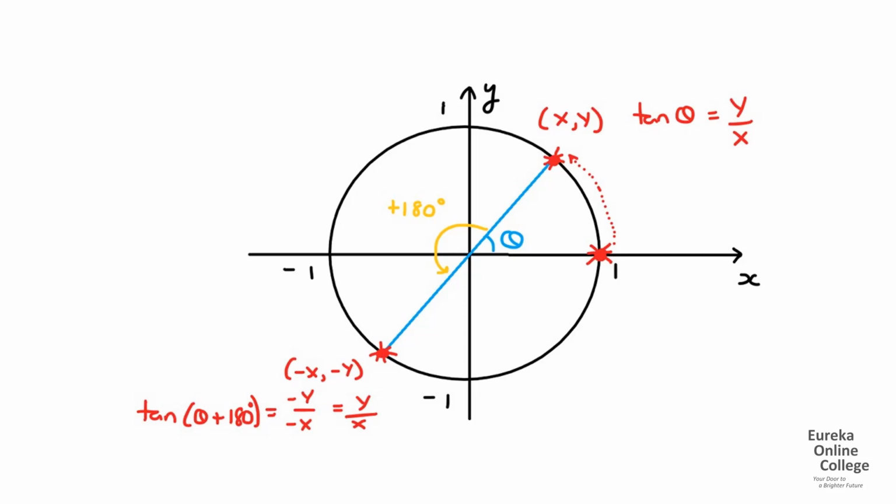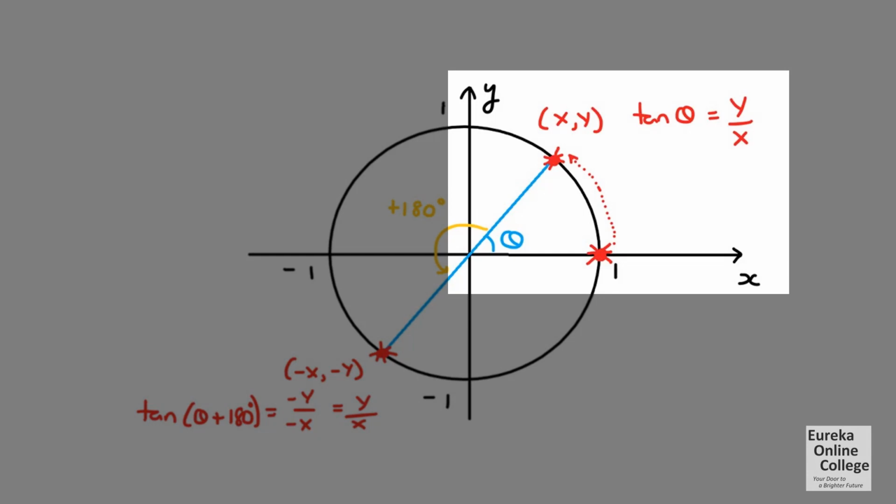We can see that the ant has moved through some angle theta, and say he gets to the point big X, big Y. Big X is obviously going to be cosine theta because it's his x-coordinate, and big Y is obviously going to be sine theta because that's his y-coordinate. Then tan theta will be big Y over big X, because tan theta is the y-coordinate divided by the x-coordinate. It's sine theta over cos theta.